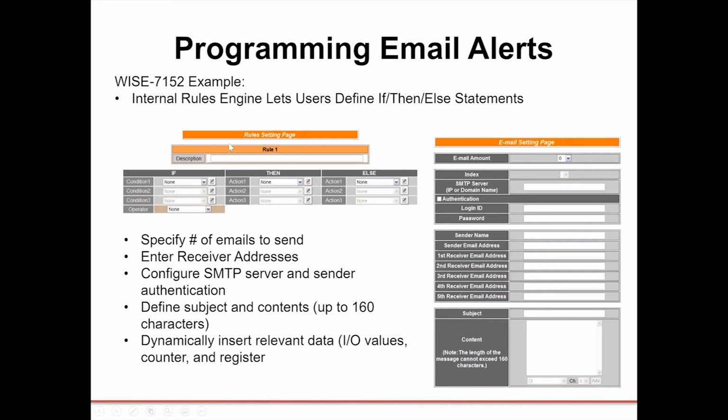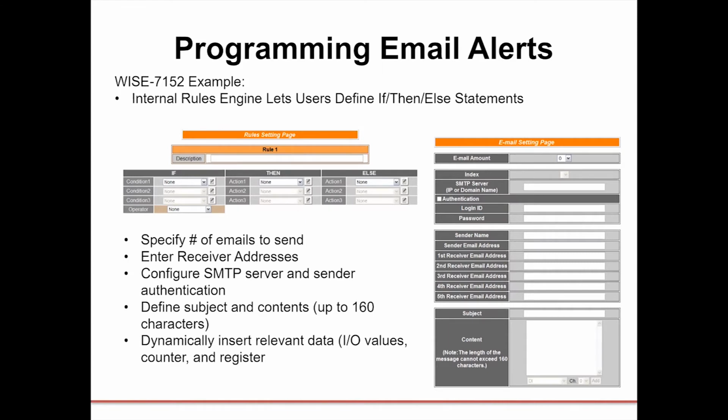You can see on the left, this is the rules setting page, and we're creating rule 1. You would name it up here in the description. For these rules, you have if, then, and else conditions. The if conditions include analog input, digital input, counter input, counter output, timer, rule status, so if another rule has triggered, you can program a rule based on that rule, internal registers, and P2P.